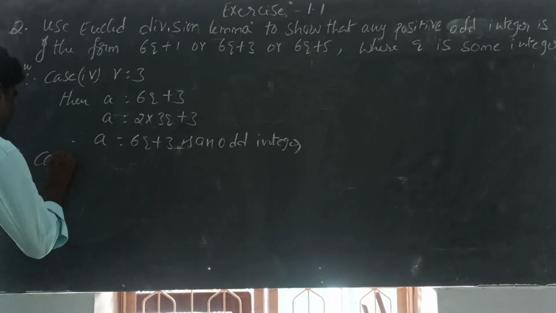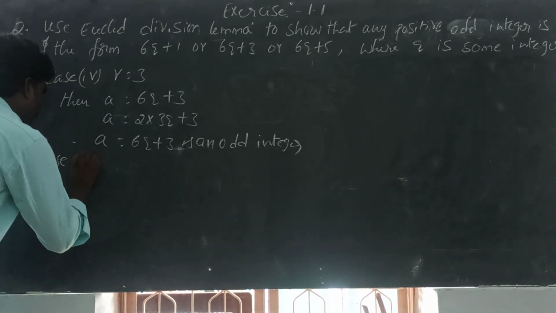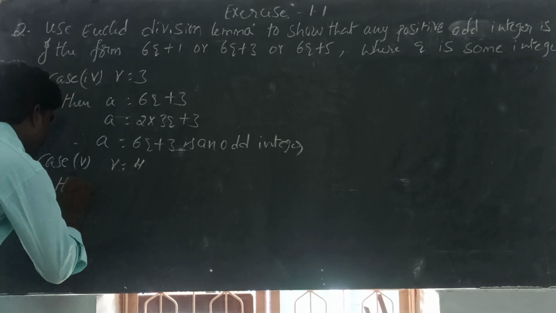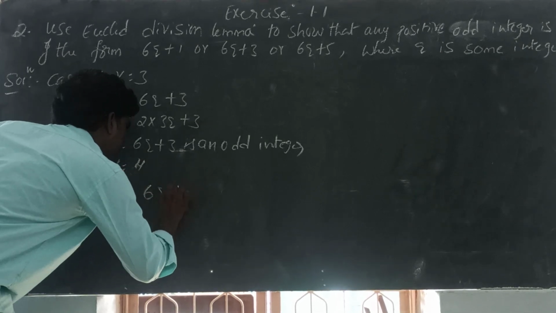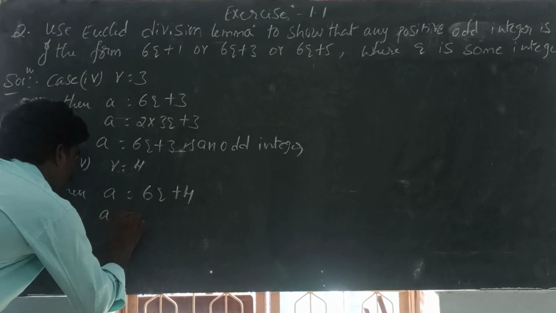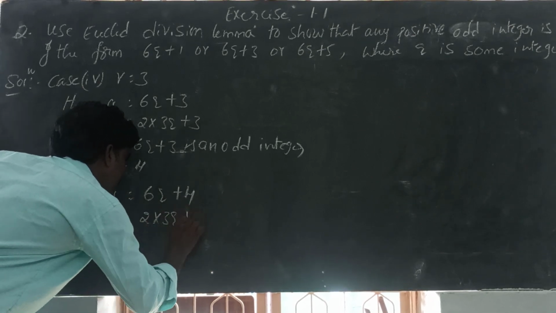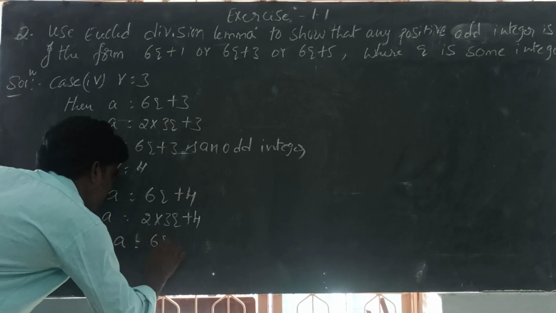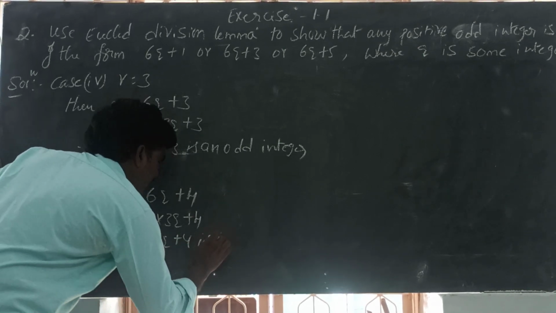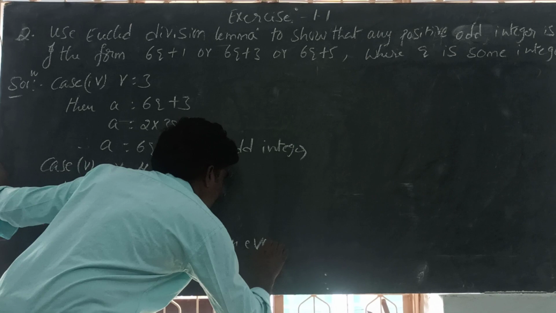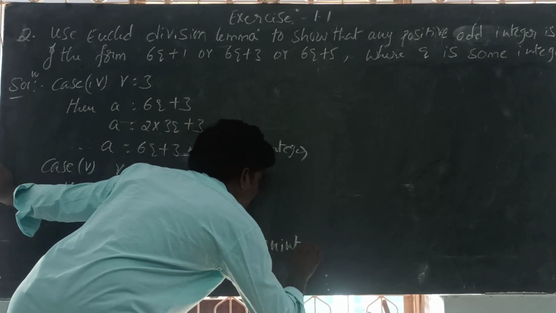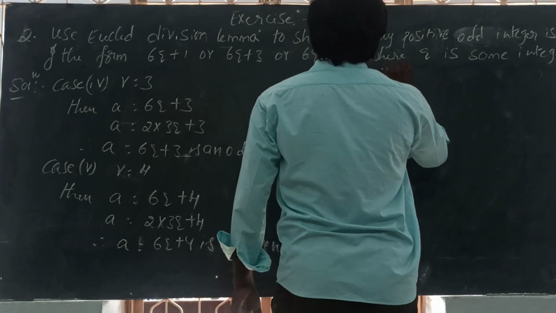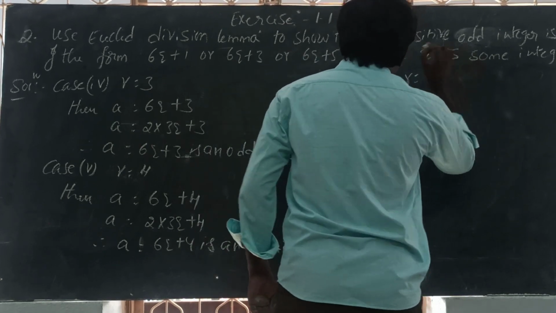Case 5: r is equal to 4. Then a is equal to 6q plus 4, so a is equal to 2 into 3q plus 4. Therefore a is equal to 6q plus 4 is an even integer. Case 6: r is equal to 5.